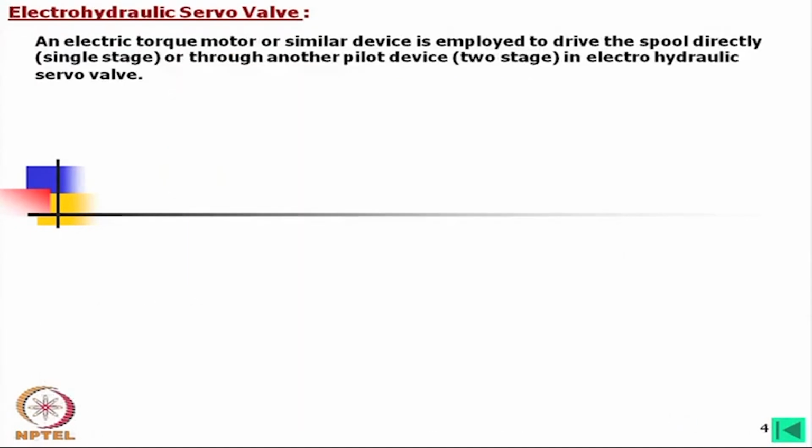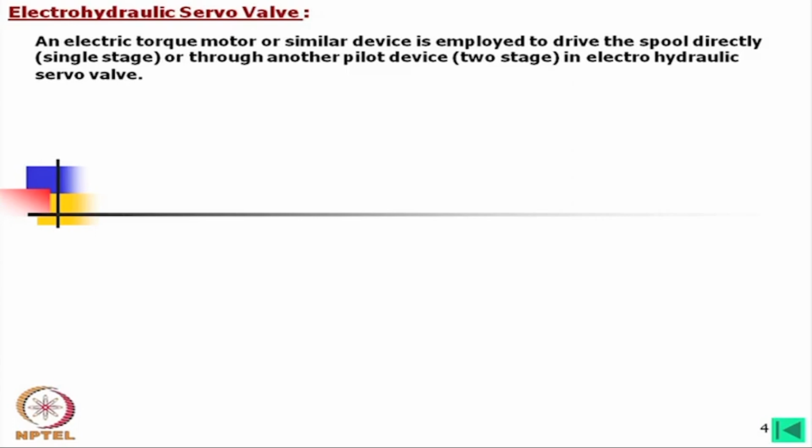If we consider the electro-hydraulic servo valve, an electric torque motor or similar device is employed to drive the spool directly, that means single stage, or through another pilot device, which is two stage in an electro-hydraulic servo valve.